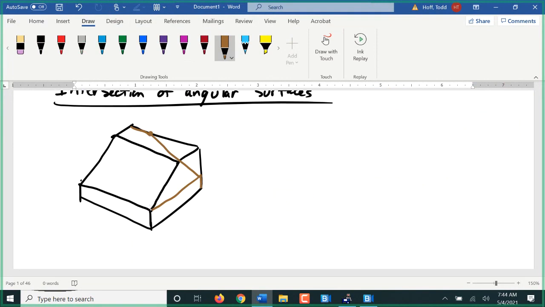But what you'll notice is since we're coming the same depth here, this will come like this and then angle down, gives the intersection of those surfaces. So what we want to be able to do here is describe the orientation of this line here where those two surfaces intersect.